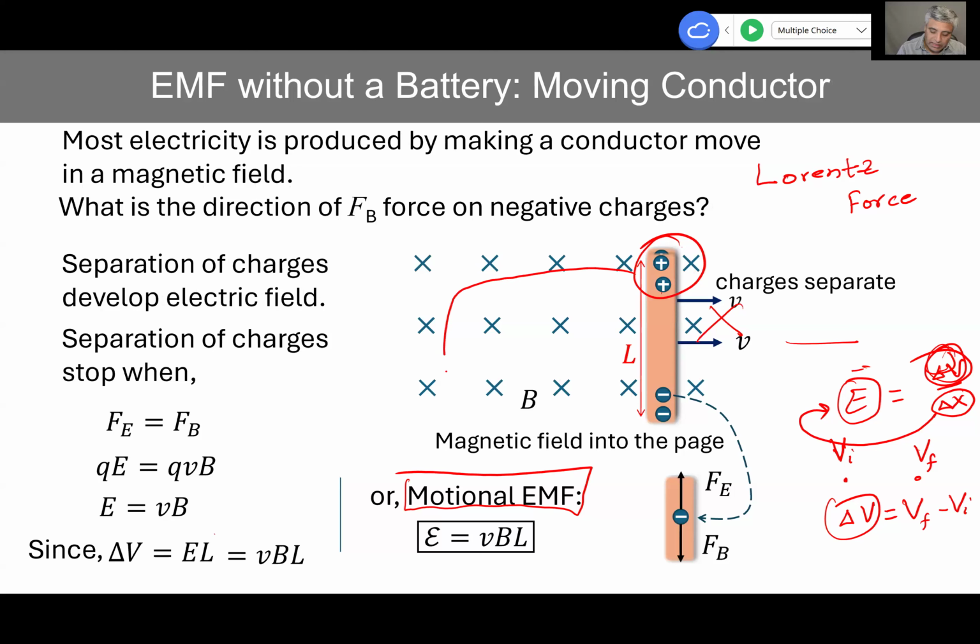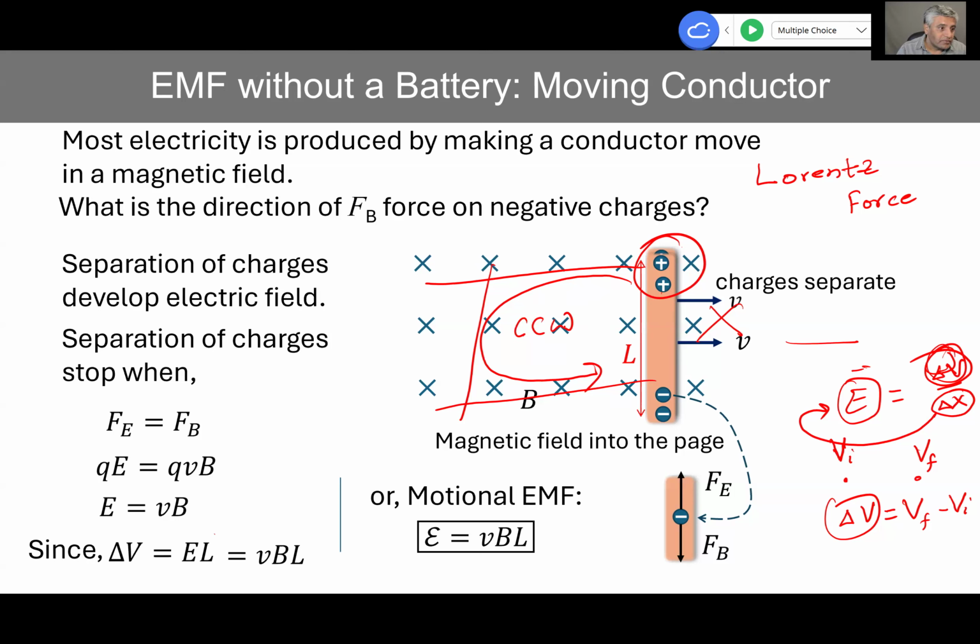If I were to draw current here, since there is no circuit, current doesn't flow here. But if there was a complete circuit, just like on the previous slide, it's going to flow like that, and this is going to be counterclockwise.